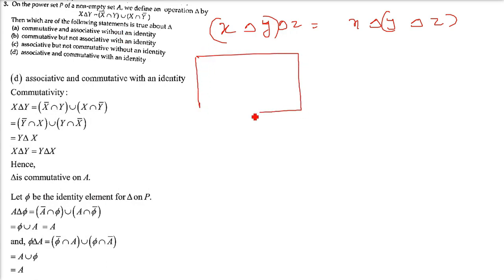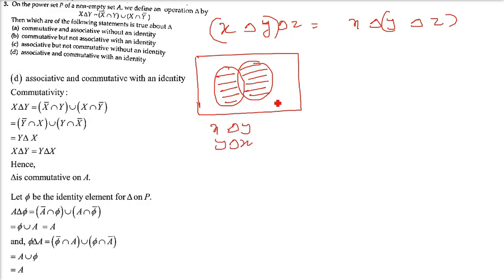Better is to make, because this is a set, power set P of non-empty set A, X and Y as these two sets. So X complement intersection Y is what? Whichever thing is not in X, just intersect it with Y, so this will be the area. Now whichever thing is not in Y, intersect it with X. What do you get? X and Y. So X and Y and X, when you intersect, this is the result. So from this commutative also you can show.